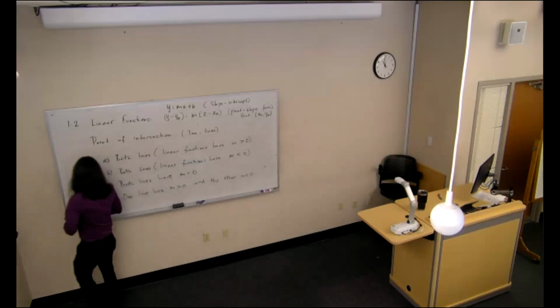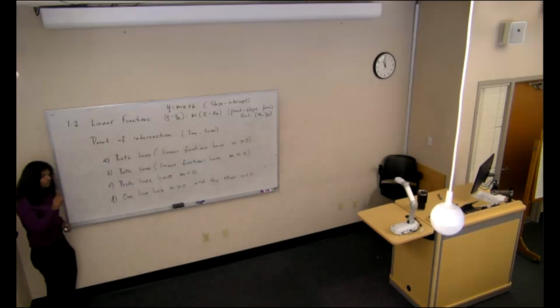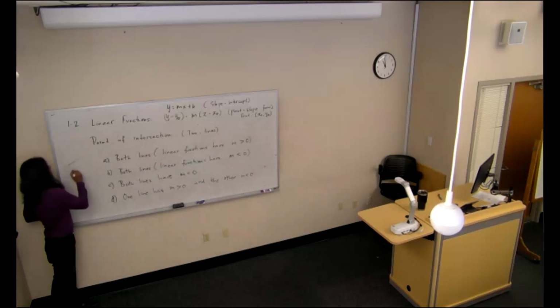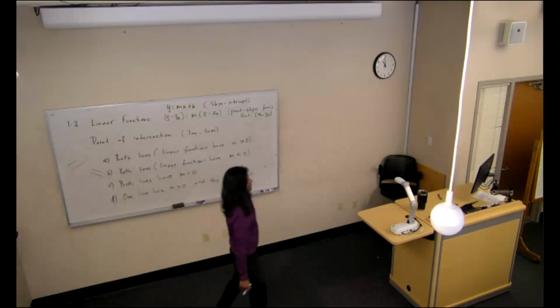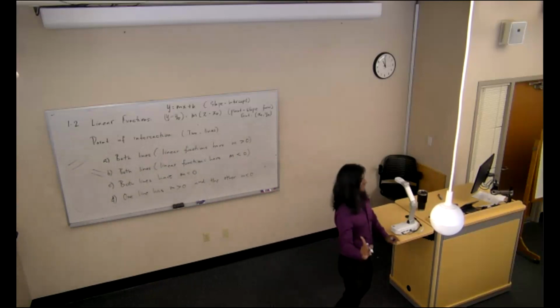If both of them are positive, what can you say about those two lines? They are parallel. If both of them are negative, what can you say about those two lines? Still parallel. If both lines have m equals 0, great question.